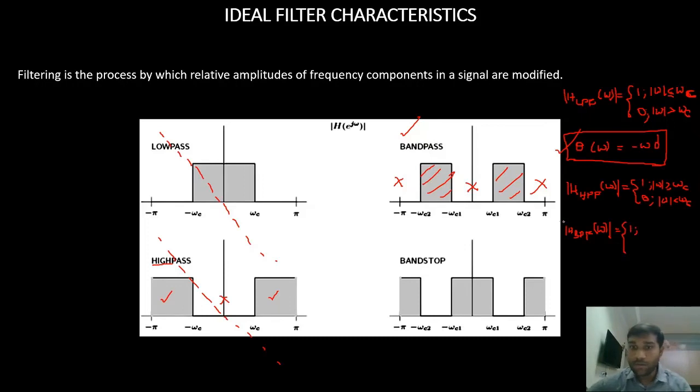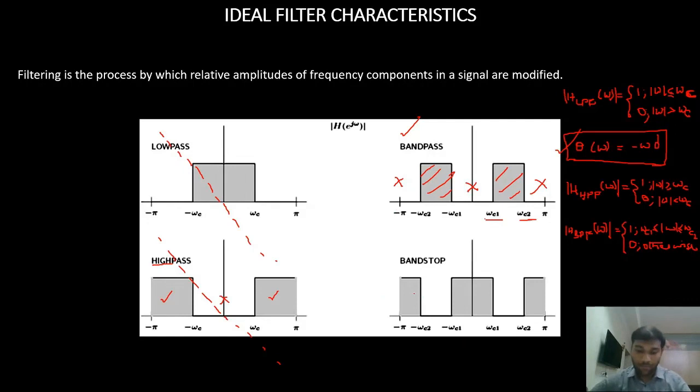It is 1 when mod omega is less than omega c2 and greater than omega c1. So omega c1 less than or equal to mod omega less than or equal to omega c2. It is 0 otherwise.